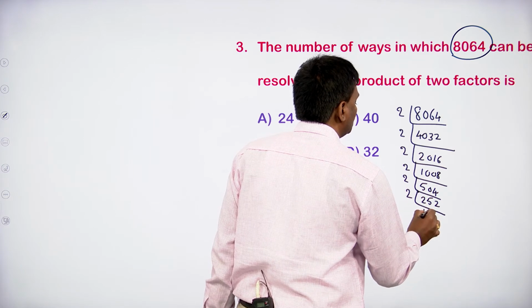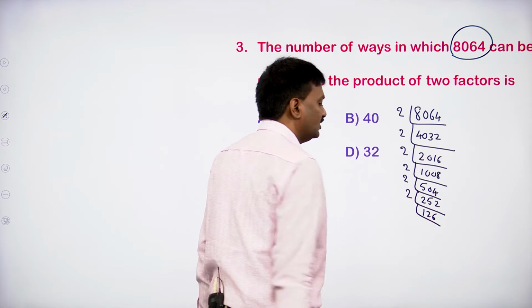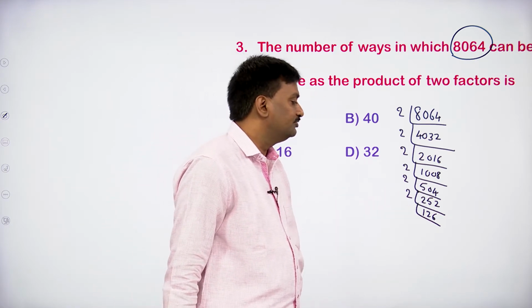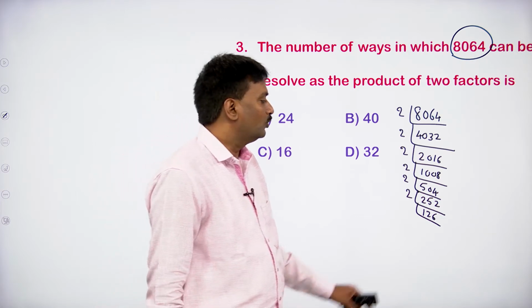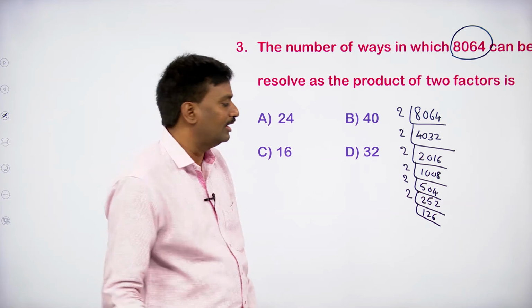Next 2 1 ja 2, 2 2 ja 4, 2 6 ja 12, giving 252. Then 2 12 ja 24 plus 1 is 25, so half of 252 is 126.